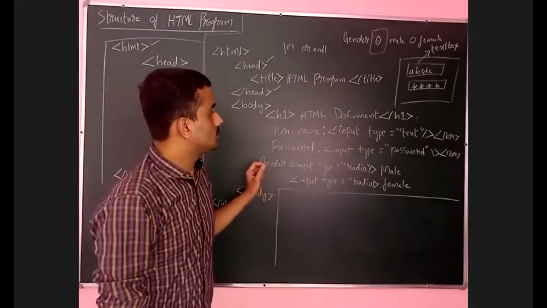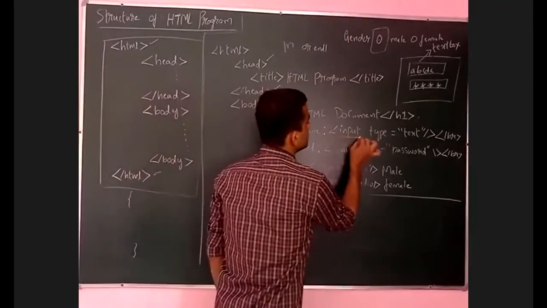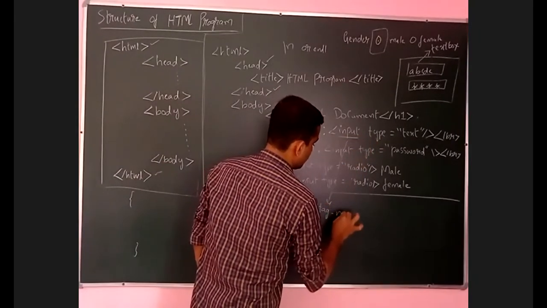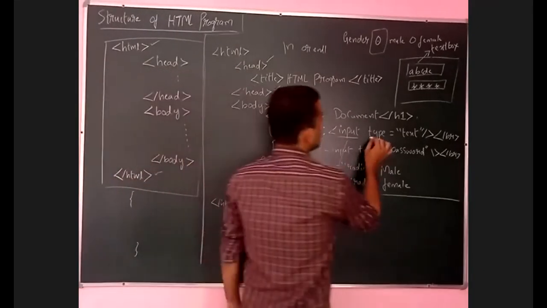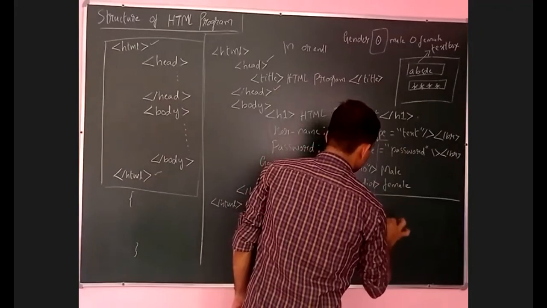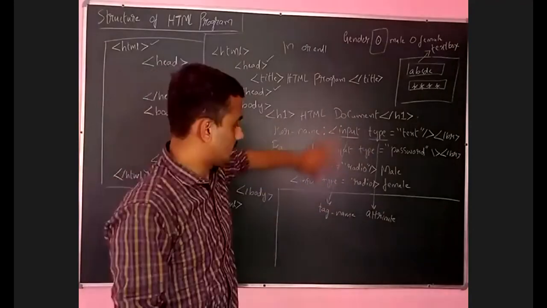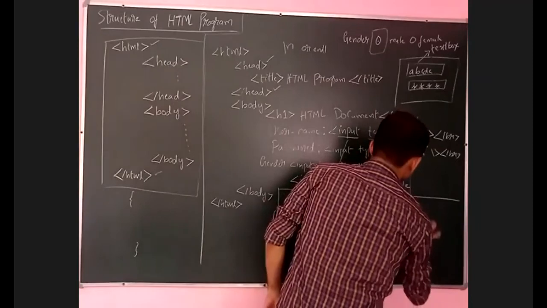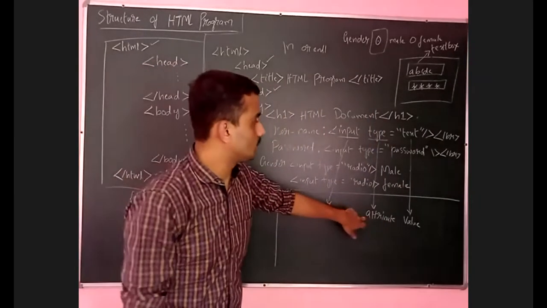Now what we have to understand is this. This is the tag name, remember. Type is called an attribute. You have to understand these things in HTML: tag name, attribute name, and value. Text is called the value.